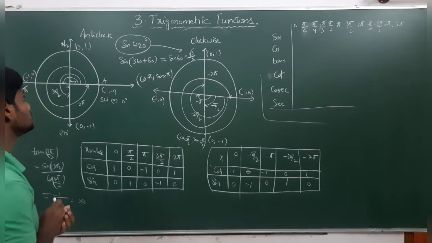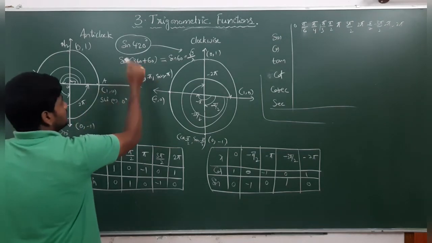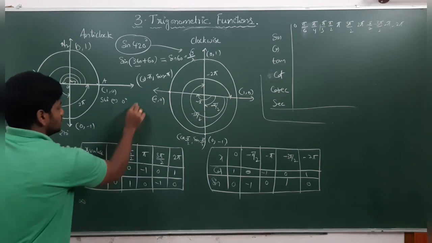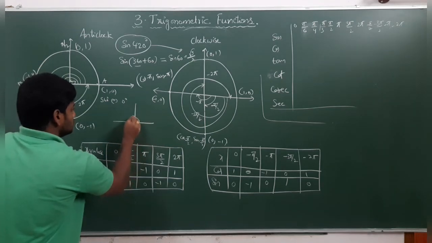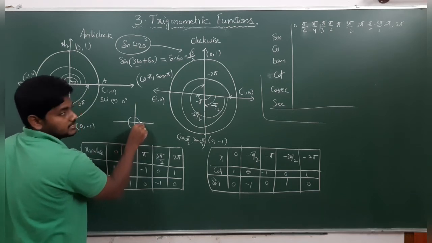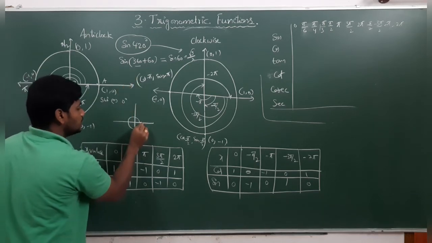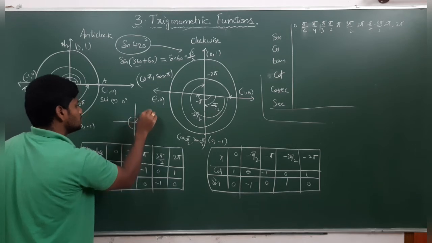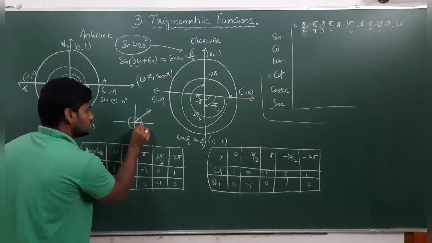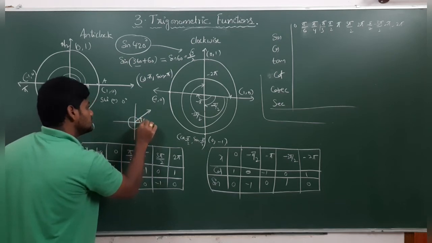Why, sir? Because if it is 360 plus something, that means one revolution is completed. This is 90 degrees, this is 180, 270 and 360. To get 420, again it should become 60 degrees, right? So after completion of one revolution, it again covers 60 degrees.